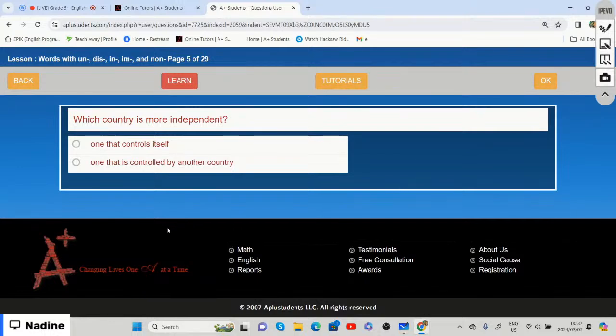Which country is more independent? The country that is more independent is the one that controls everything. All right. So it says here, which country is more independent?